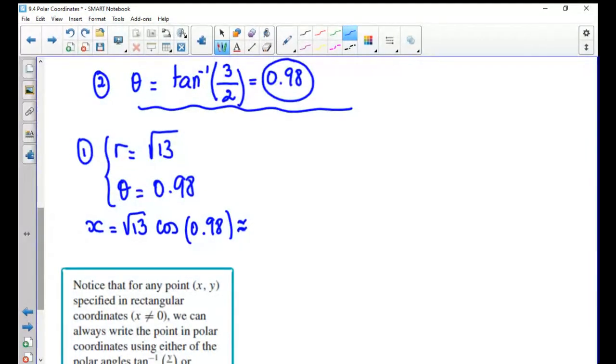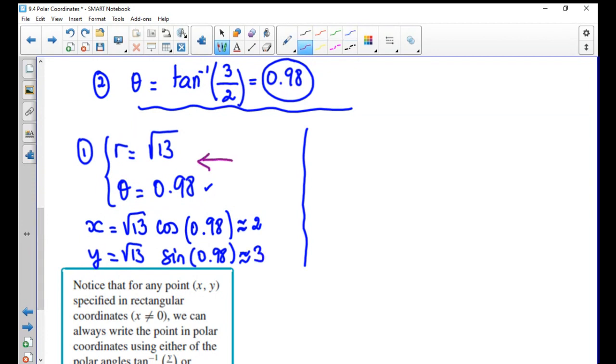It's not going to give us 2 exactly because 0.98 is only an approximation. And y is square root of 13 sine 0.98, and this should give you roughly 3. Check it.